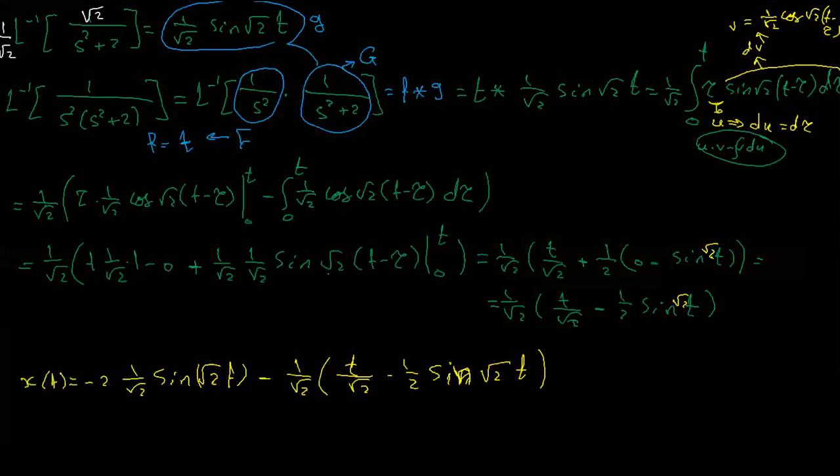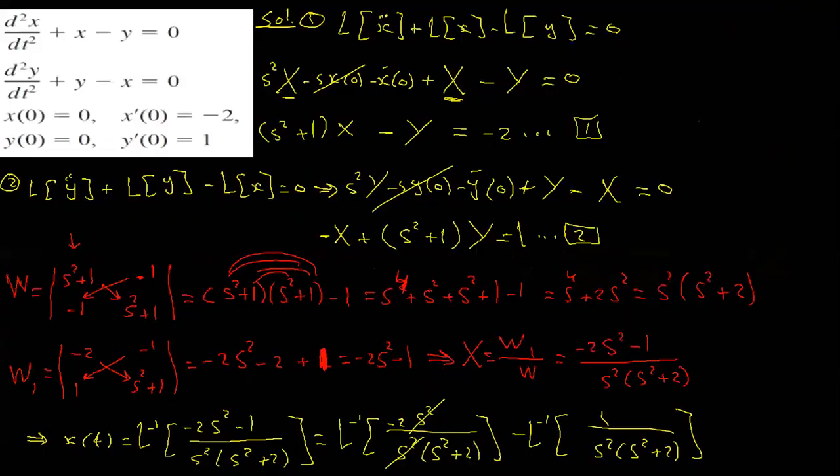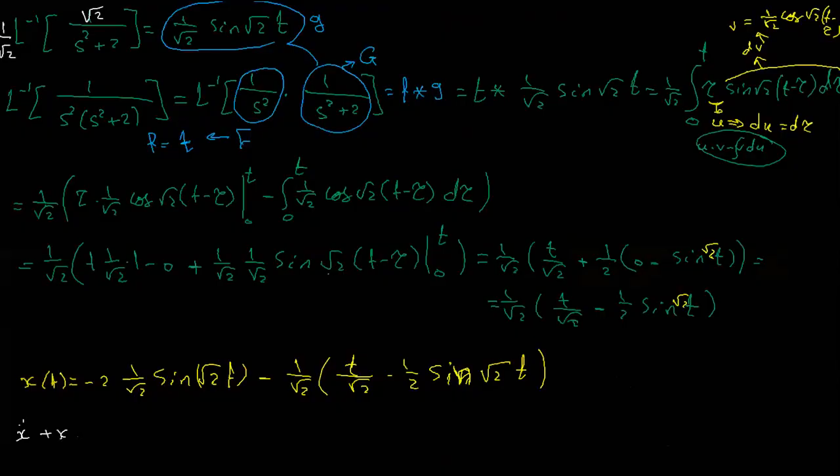The first equation was x double derivative plus x minus 1 equal y. Am I right? Now you need to find the second derivative. Let us find the first derivative. X dot equals: a derivative of sine is cosine, and you multiply by the derivative inside, so you cancel out root 2.